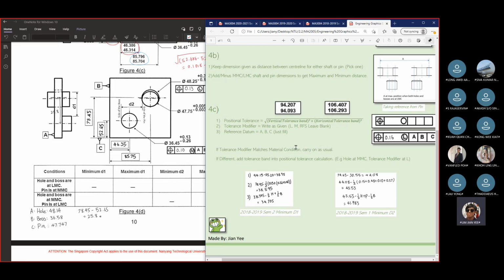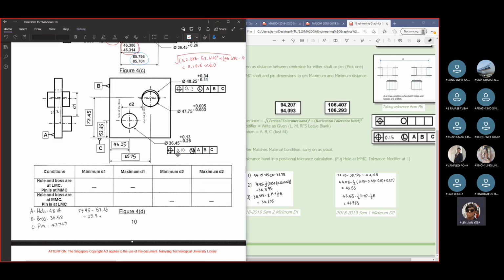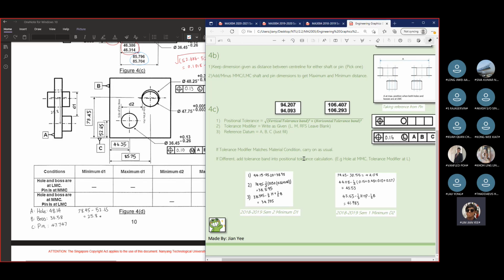Carry on as usual. You see the boss is at M, and here the boss is at M. So you can just add the M of the boss. So let's see.